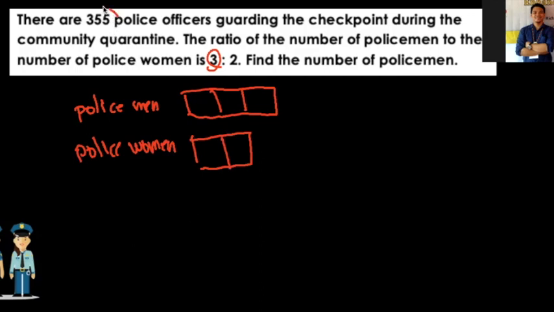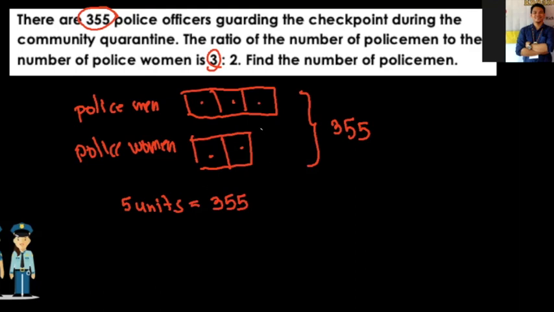And according to the problem, there are 355 police officers. So the total number of policemen and women is 355. That means we need to count the total units. There are 1, 2, 3, 4, 5. That 5 units is equivalent to 355.